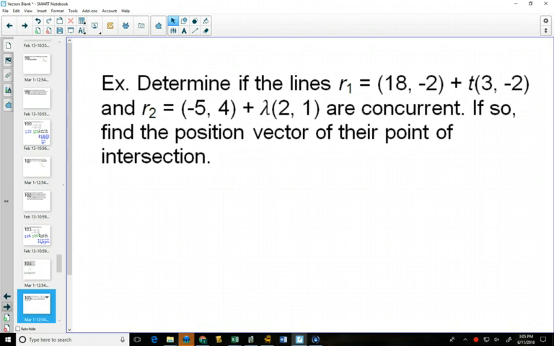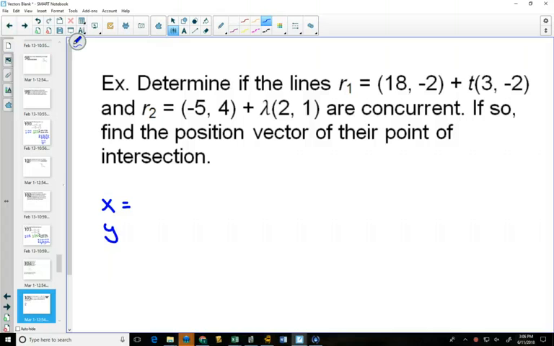So we're going to find out, again, this is two-dimensional still. So for all of these questions, what we've been doing is we've been using our parametric equations.